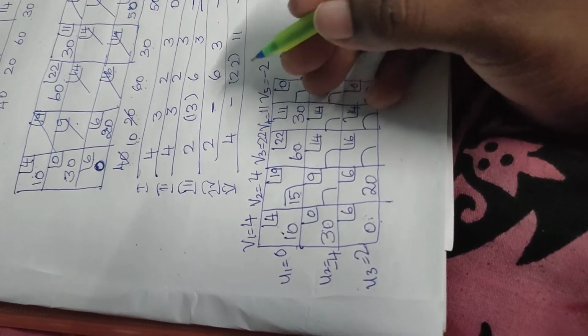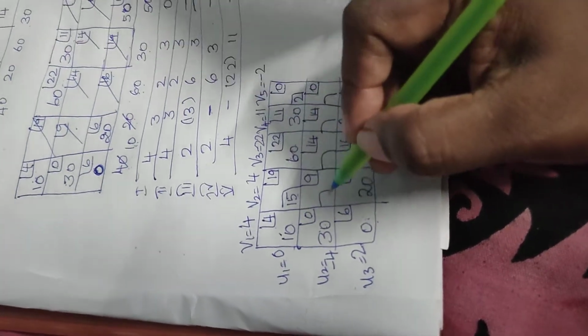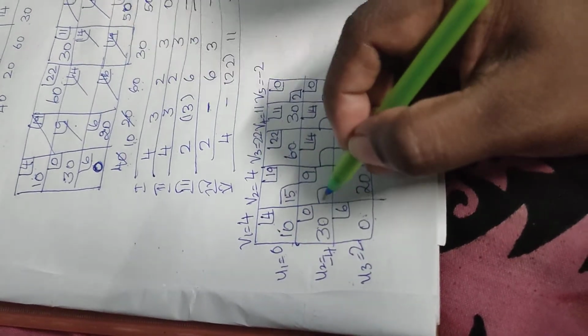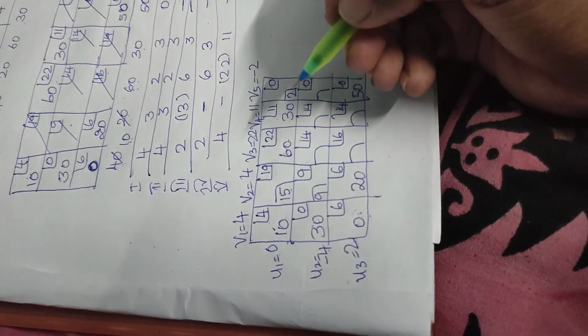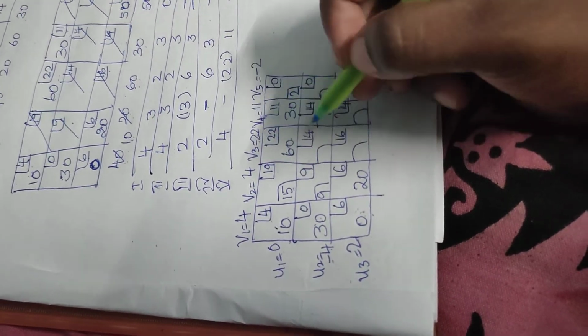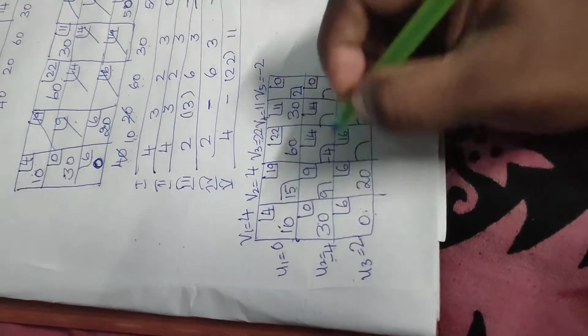So minus minus plus 2. Here add these two, you have 0. So 9 minus 0 is 9. Add these two, you have 18. 14 minus 18 is minus 4.